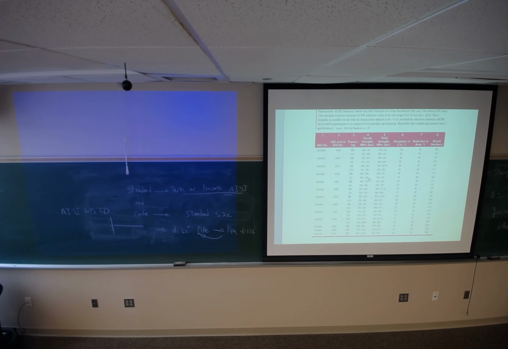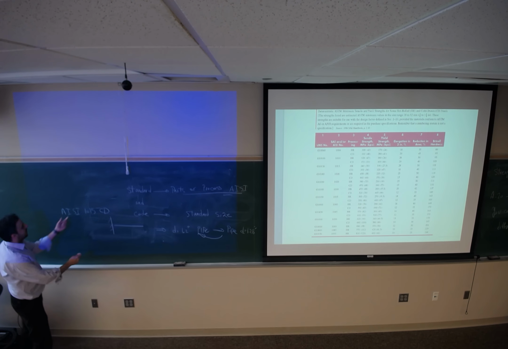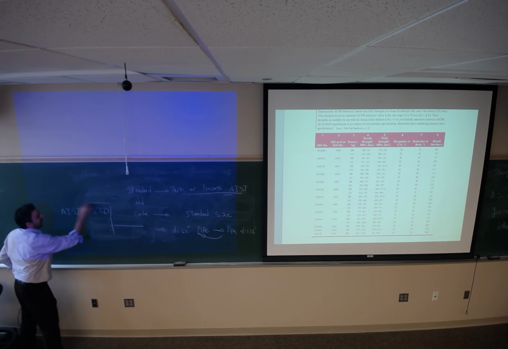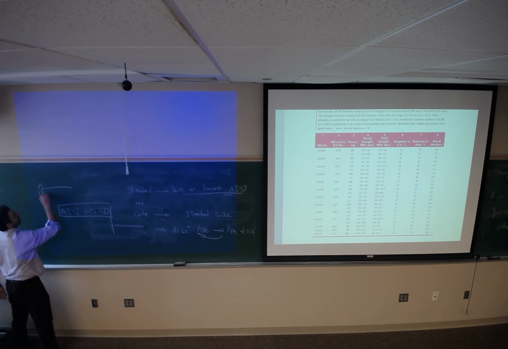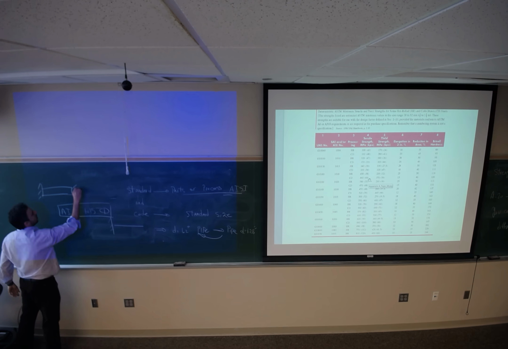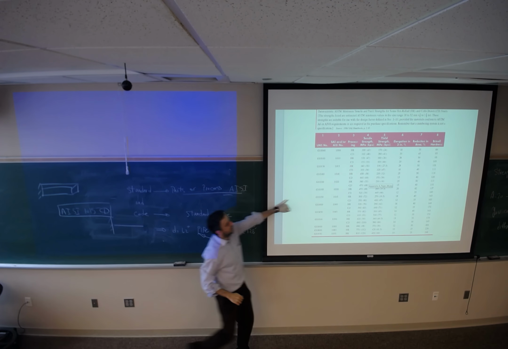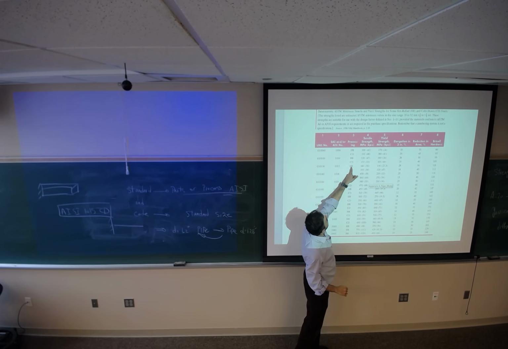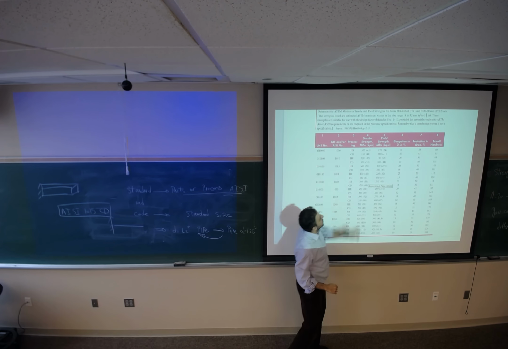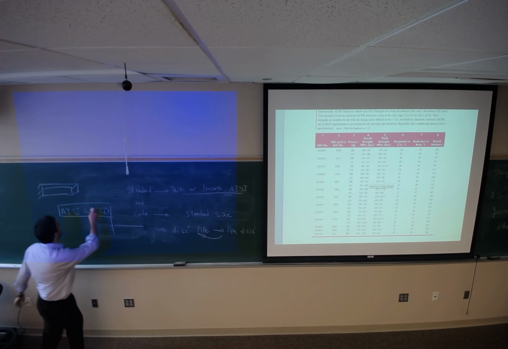Suppose the material that I have for this cantilever beam is 1015 cold drawn. I look at 1015 cold drawn, 390 megapascal is S ultimate, or ultimate strength.